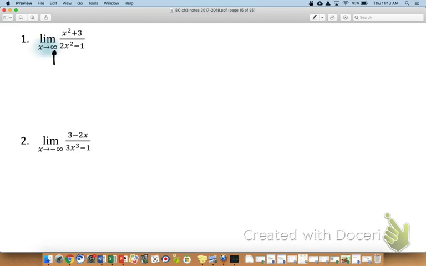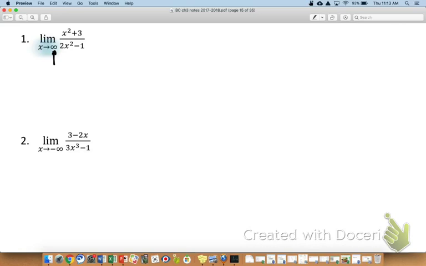They don't even bother looking at that. They just see some rational function over there, and they just apply the trick. And then later on they go back and like, oh my gosh, it was limit as x goes to 5. It wasn't even going towards infinity, you know what I'm talking about? You just sort of skip the directions and you jump right into the details, and you're like, oh man, it didn't even ask me to do the thing that I was trying to use the trick for. So do please pay attention to that.